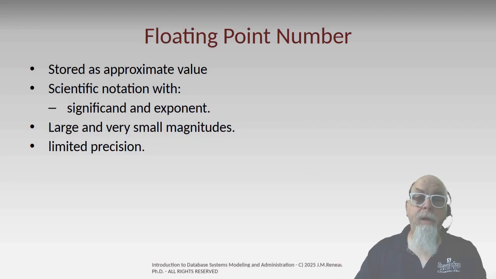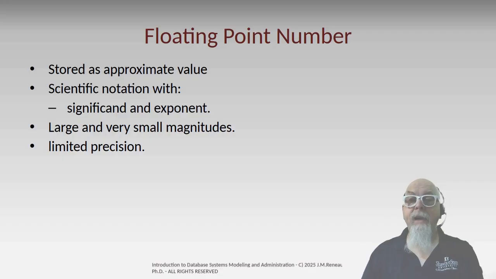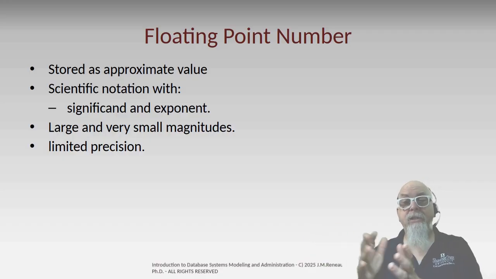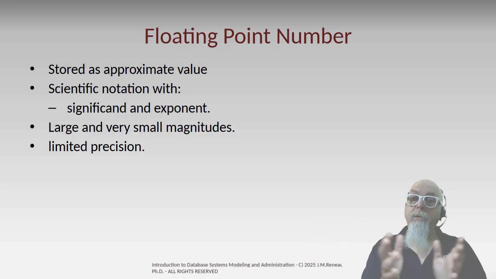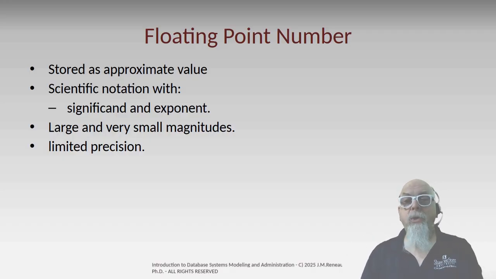A floating point number will have a variable number of digits of precision on both sides of the decimal point, and is stored as an approximate value in the database system.